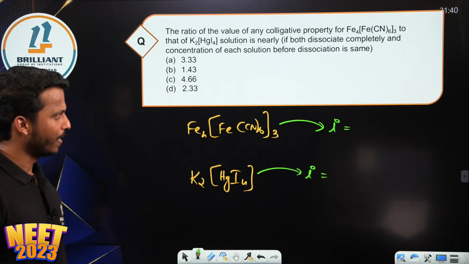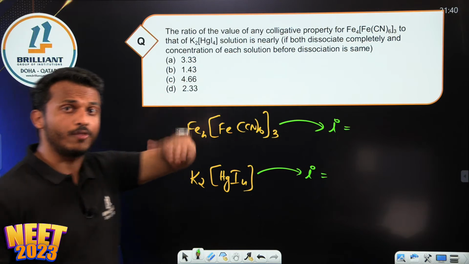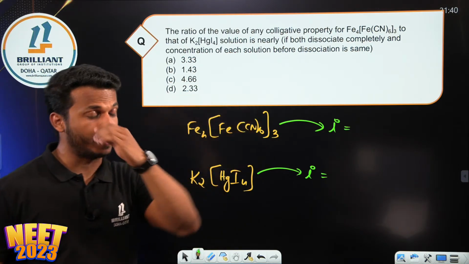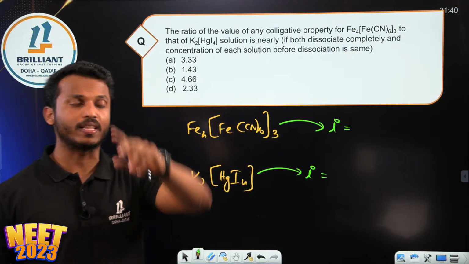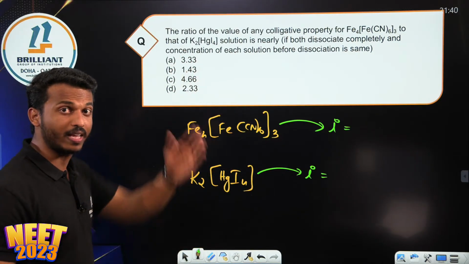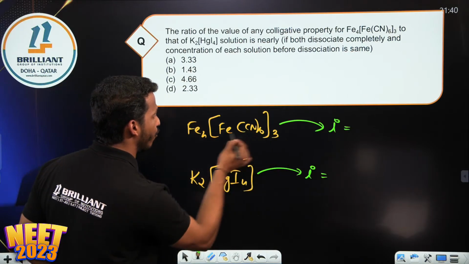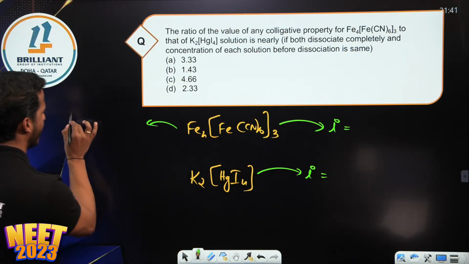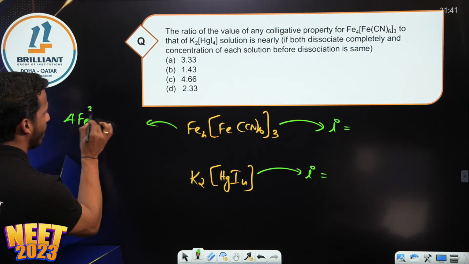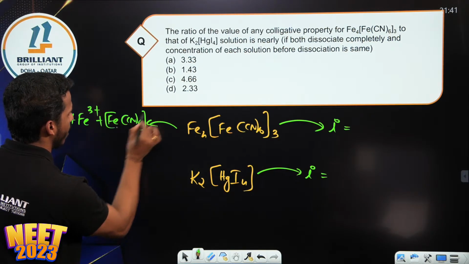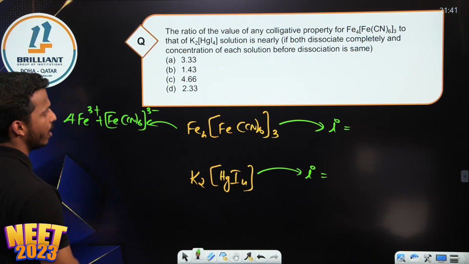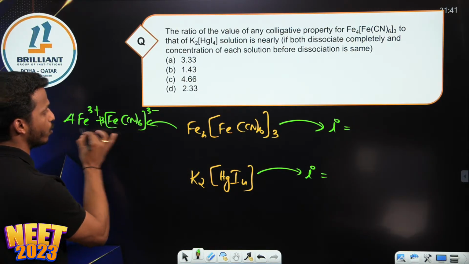If they're asking to take the ratio of the colligative property, we have to take their I value ratio. This complex splits as 4Fe3+ and 3[Fe(CN)6]4-, so 4 plus 3, it gives you 7 ions.